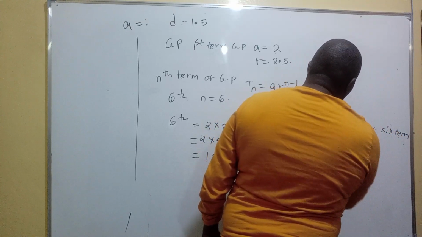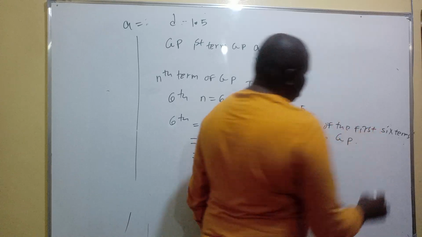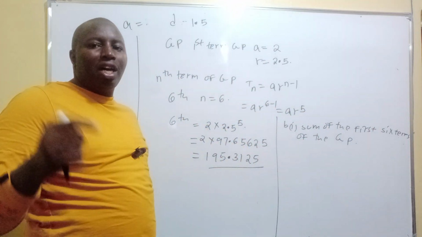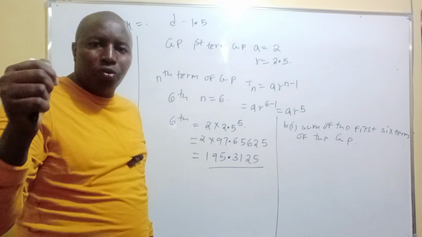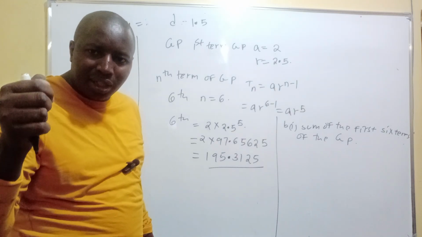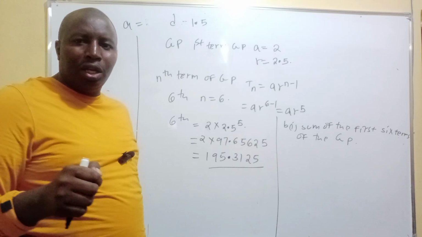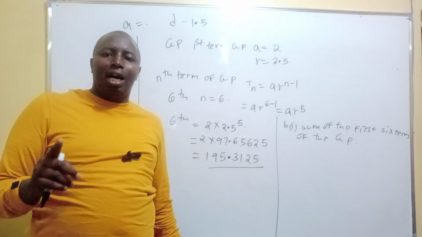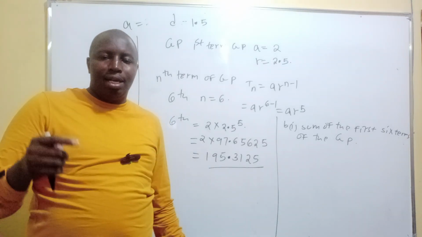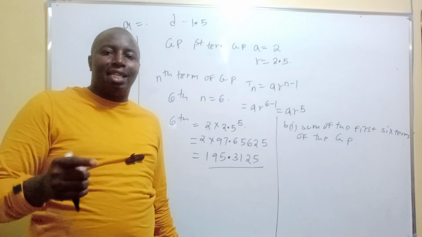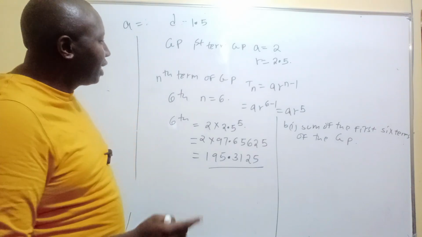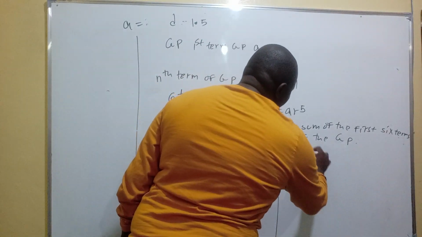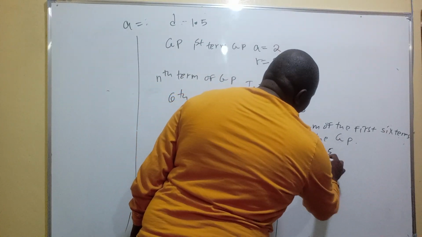In this case, the examiner again is testing whether the student knows how to find the sum of a GP. The sum of a GP is got by 2 formulas. One formula is when R is greater than 1, and the second is when R is less than 1. In our case, our R is greater than 1 because it is 2.5.